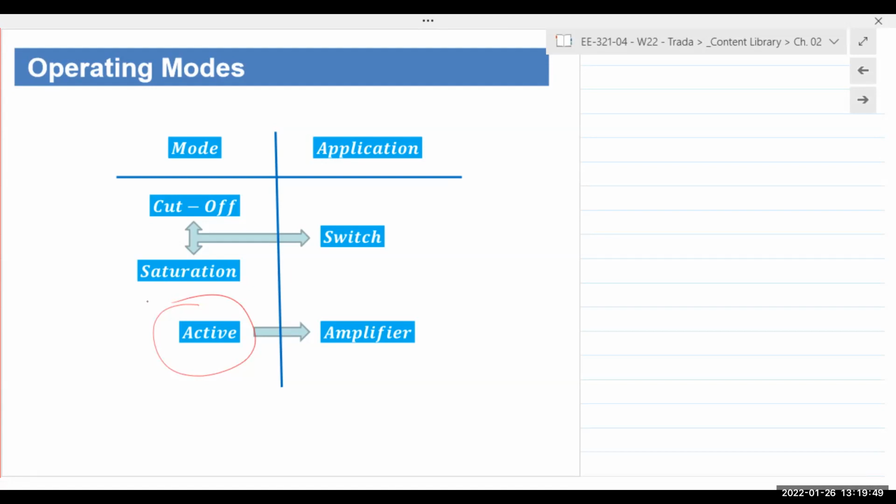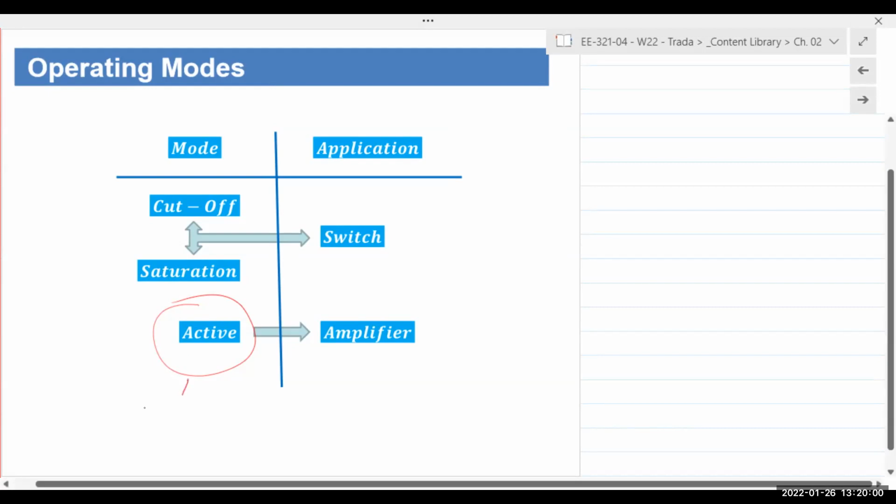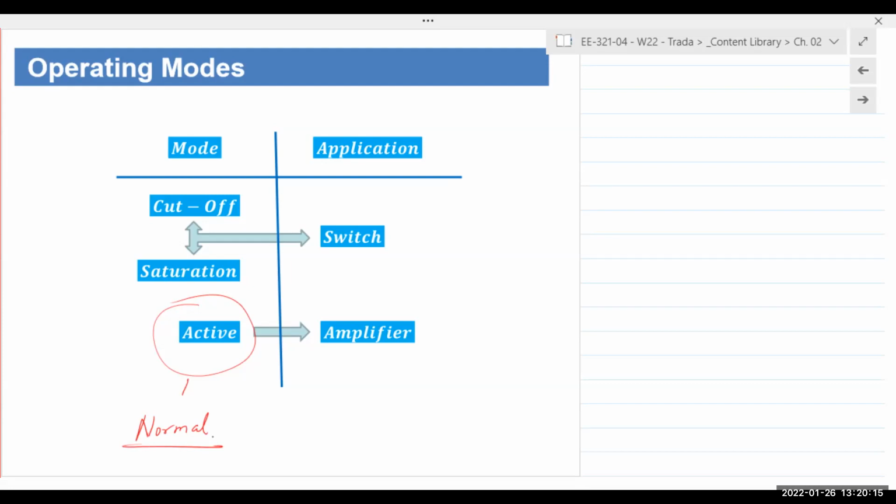Where the carriers cross over the junction, go all the way to the collector, and you have collector current flowing through the circuit. In the book, and just generically, it is also referred to as the normal mode of operation. So active mode is also the normal mode.